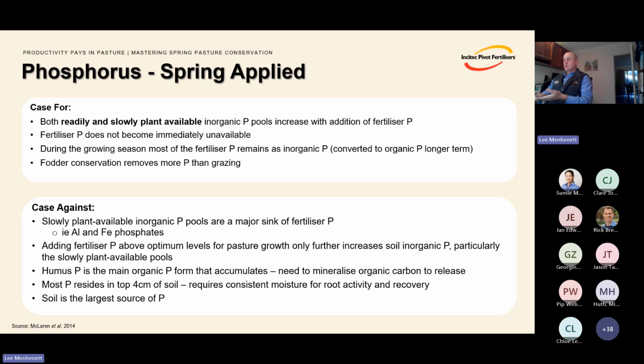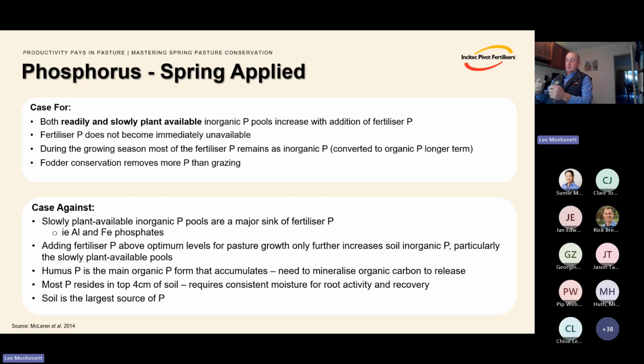The cases against, or why you might not think about it, are that slowly plant available inorganic P pools are a major sink. We do put a lot of P into the system, and a lot of that goes into the sink of aluminium and iron phosphates over time. Adding fertiliser P above optimal levels for pasture growth only increases soil inorganic P, particularly the slowly available pools.